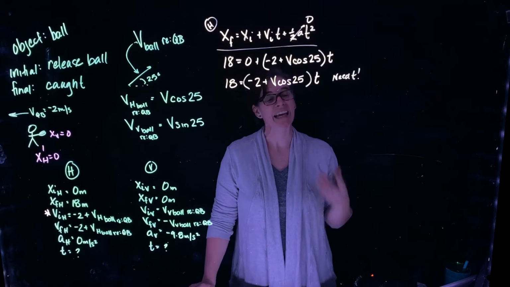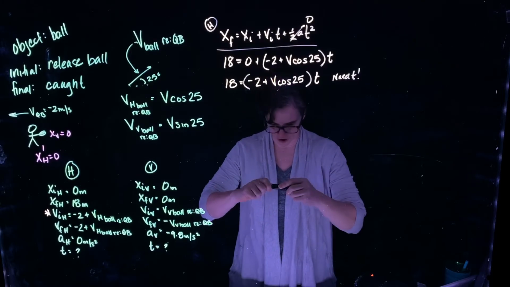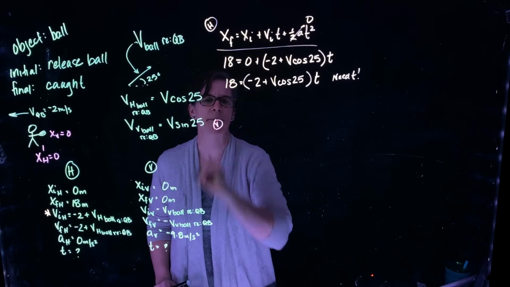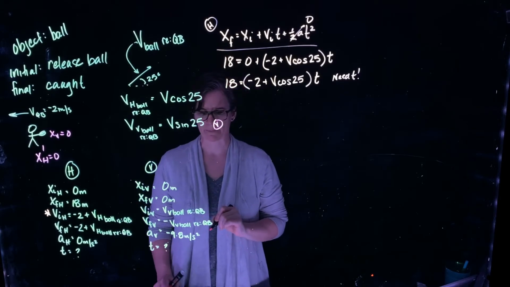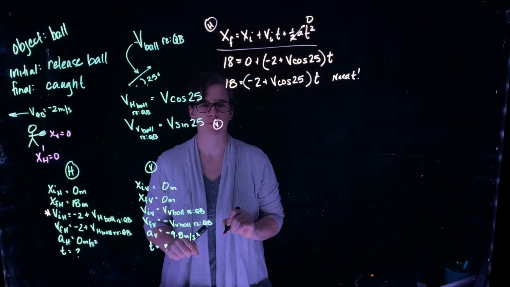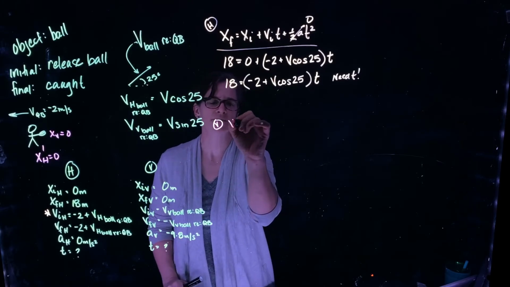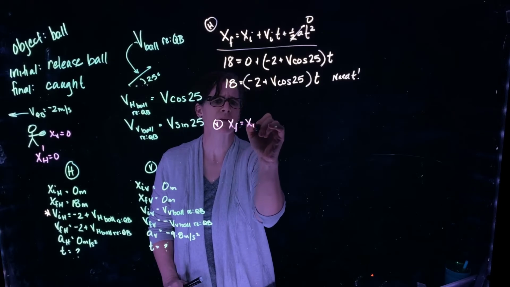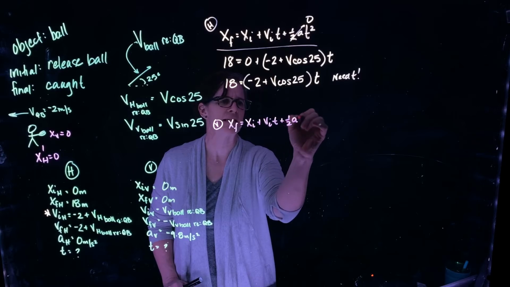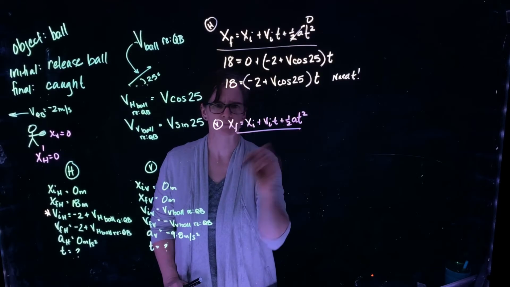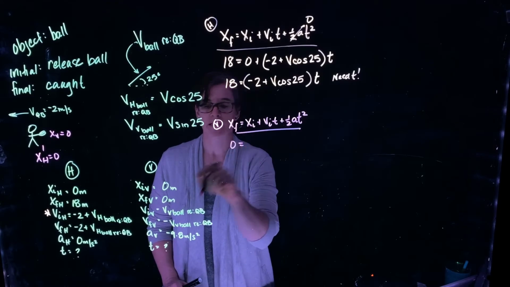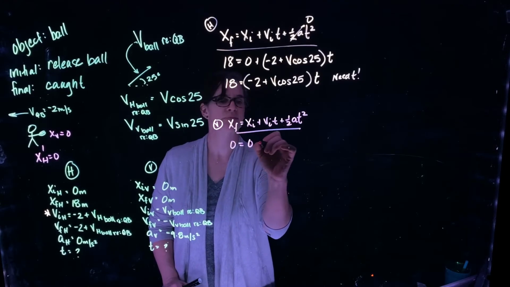Okay, if I can't get t in the horizontal direction, I'll often go to it in the vertical direction. So let's take a peek at what happens if I look at the vertical motion. We'll use the same equation that we had before. So x final is equal to x initial plus v initial t plus 1/2 at squared. Well, my x final vertical is 0. My initial vertical is 0.